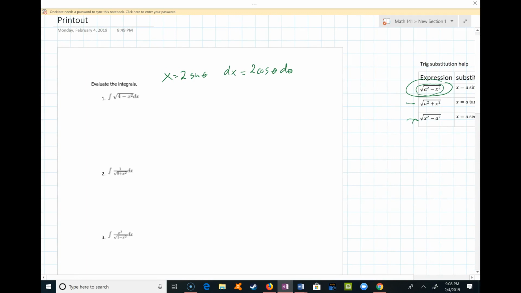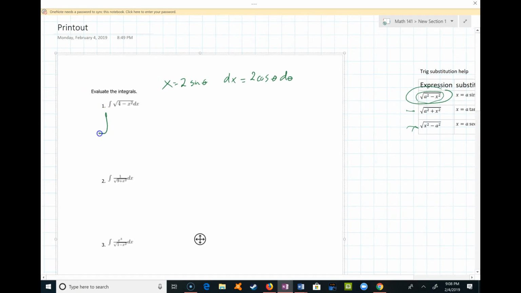Now we're going to make our substitution. We get the integral of the square root of 4 minus, x squared becomes 4 sine squared theta, and the dx becomes 2 cosine theta d theta.